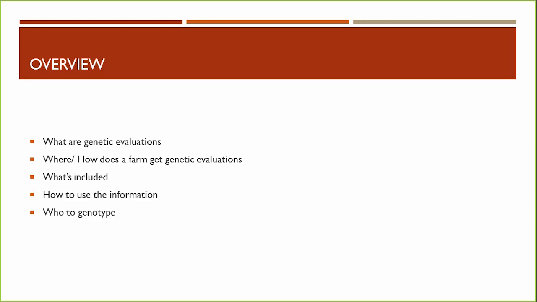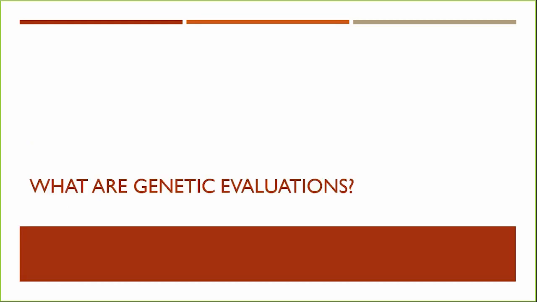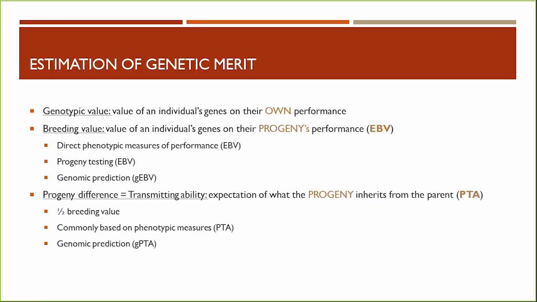Commonly what you'll hear is genotypic value, and that's an individual's genes based on their own performance. So how do those individual genes of an animal influence that animal's performance? Breeding value and progeny difference are both how the animal's genes affect their progeny's performance, or what the progeny inherit.